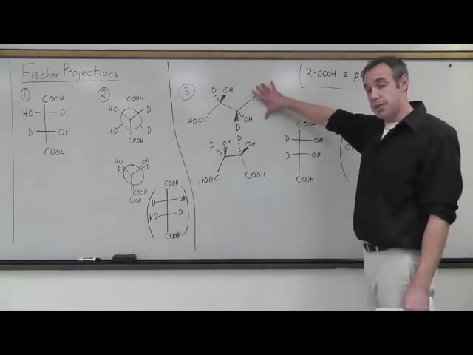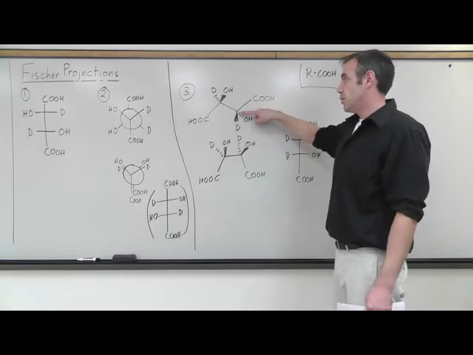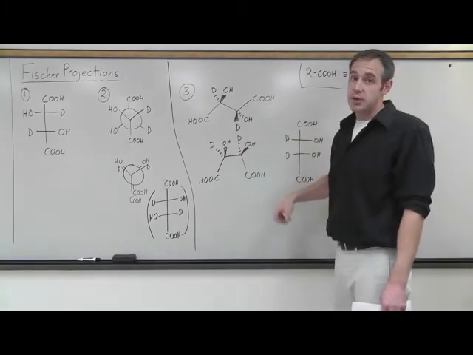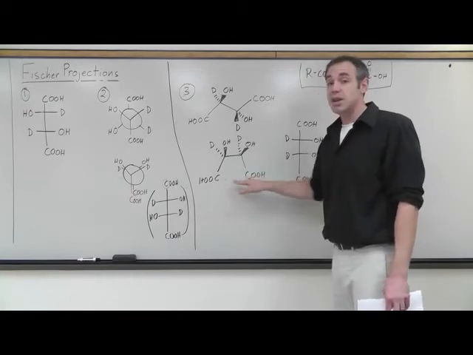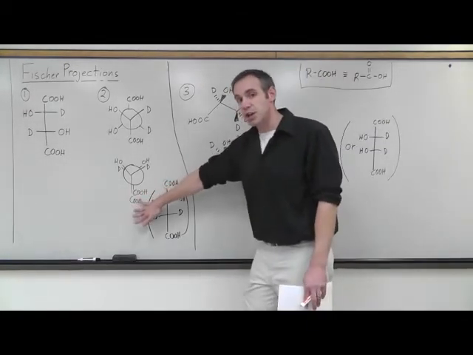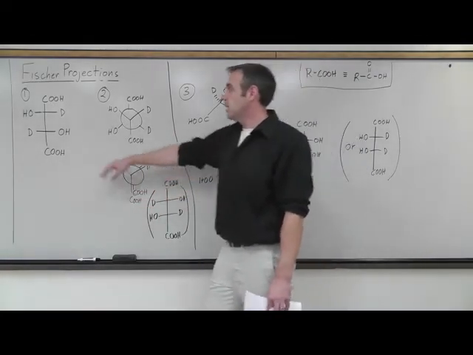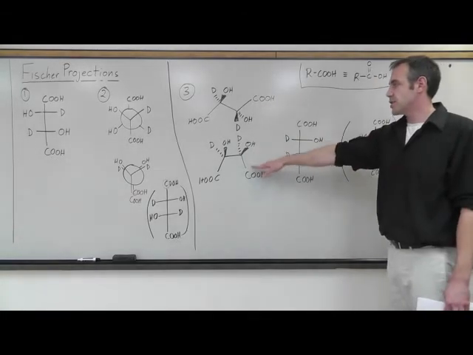When we get to molecule 3, the first thing I did was actually rotate this carbon 180 degrees so that both carboxylic acid groups were eclipsing one another. And again, that matches the Newman projection of the other molecule and the Fischer projection of the first one. And that allows us to view this.